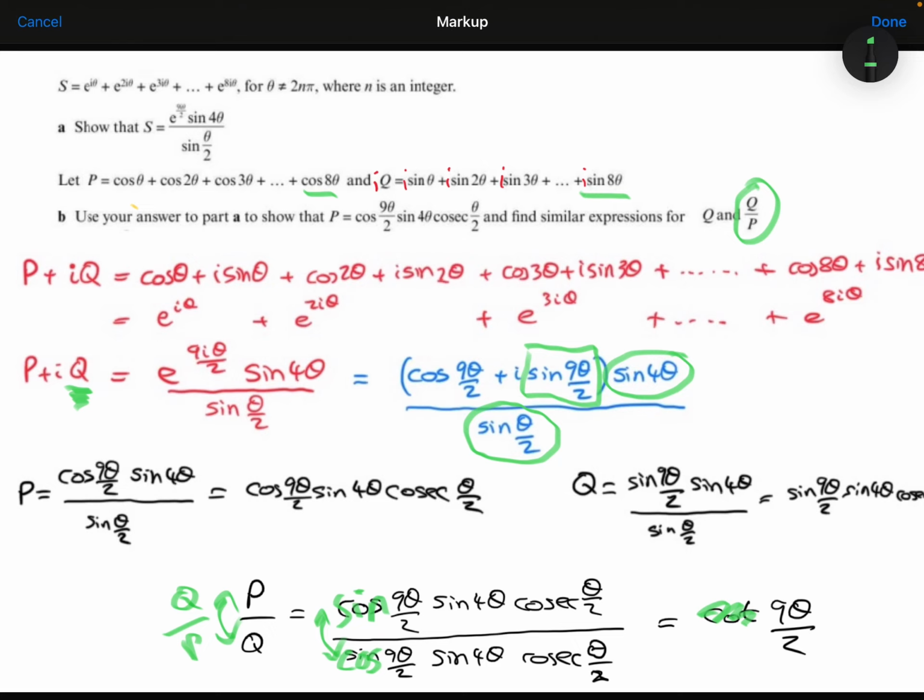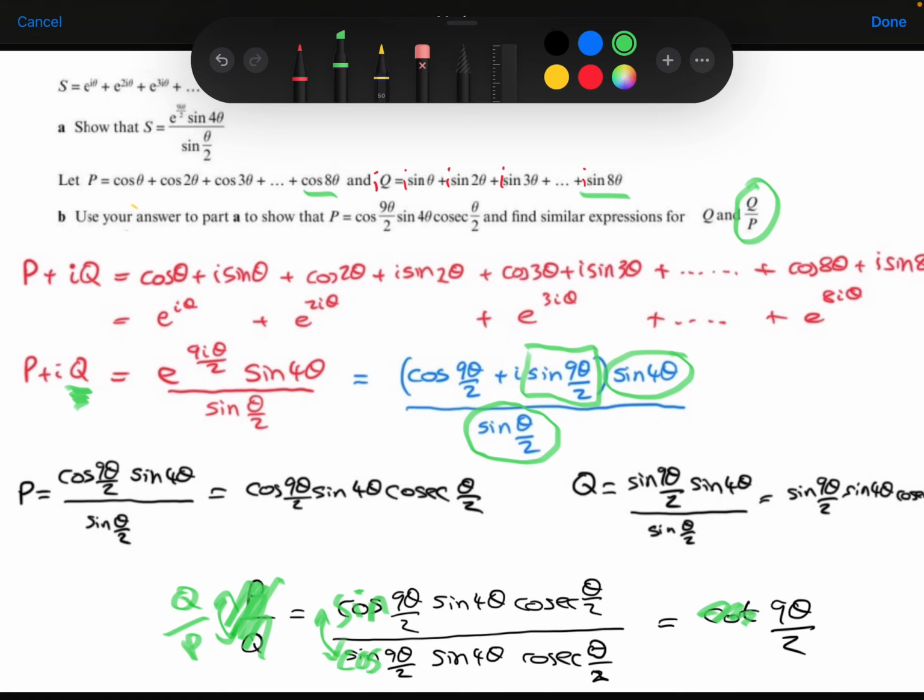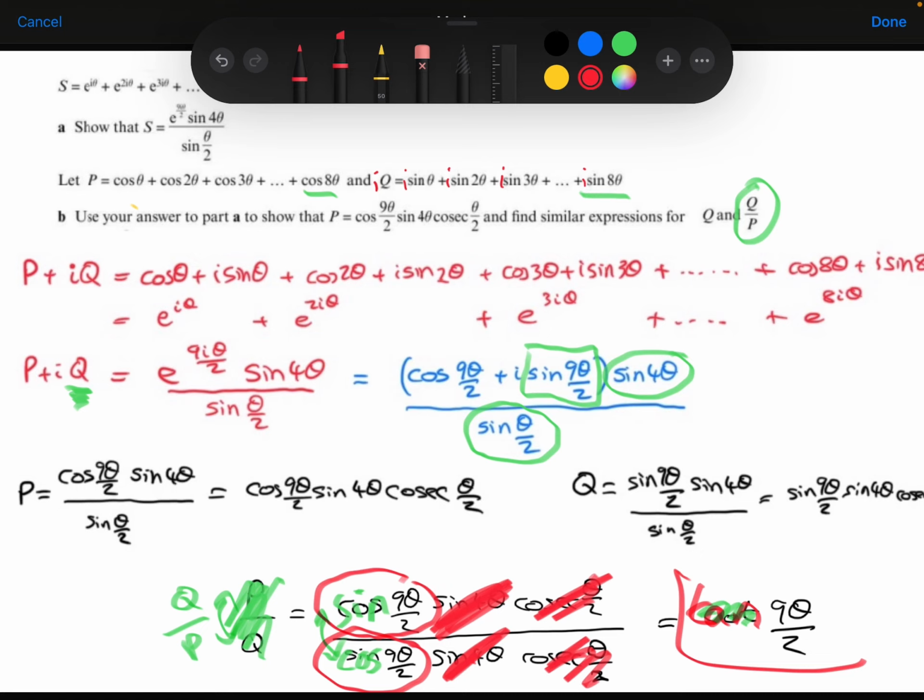And then we notice that the sine 4 thetas cancel out, the cosec theta over 2's cancel out, and we just get left with sine 9 theta over 2 over cos 9 theta over 2, which is tan 9 theta over 2.